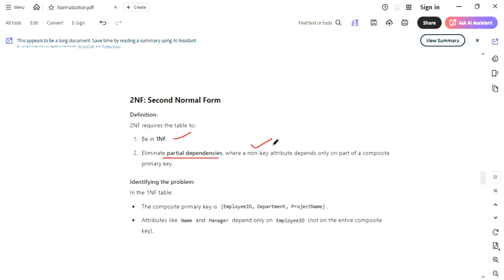We have to eliminate such partial dependencies where a non-key attribute depends on only a part of the primary key. We have to make our table in such a way that all the fields depend on the primary key.